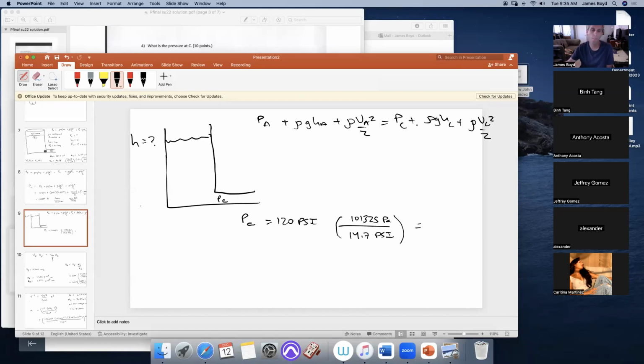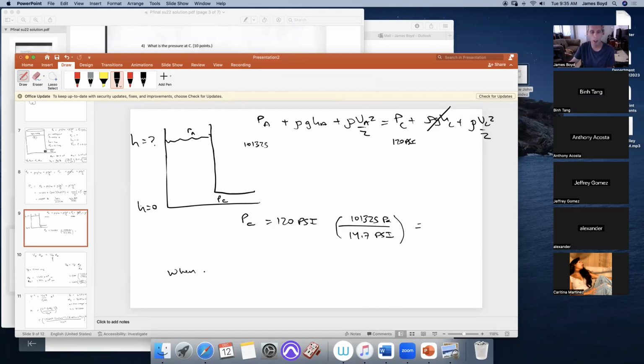Now, first of all, we know that H down here is going to be 0 still, so that'll go away. I know that this is 120 PSI, although I need to change it to pascals. I know this is 101.325 still. But here's the trick.